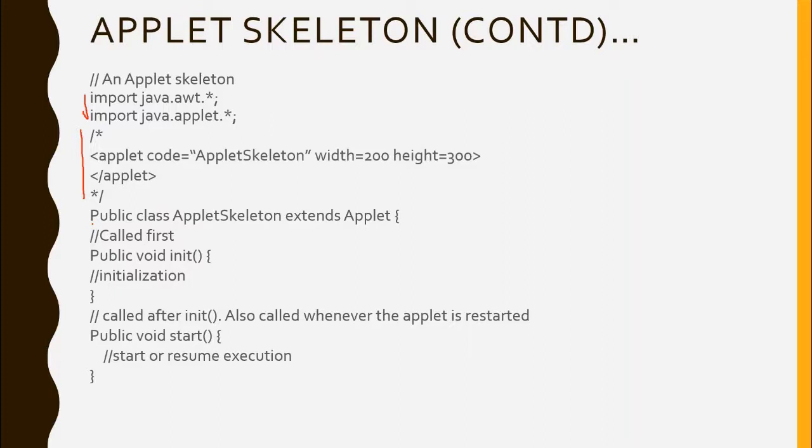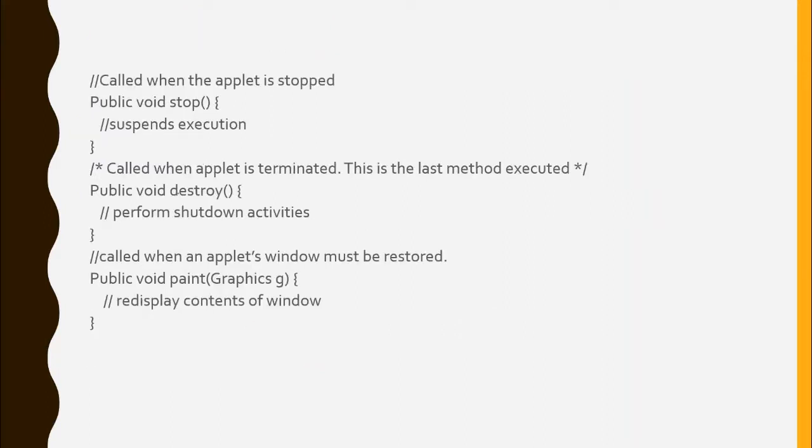First, public void init, the initialization. Called after init, and also whenever the applet is restarted, is public void start, which resumes execution. Then two other functions, stop and destroy, are called when the applet is terminated.